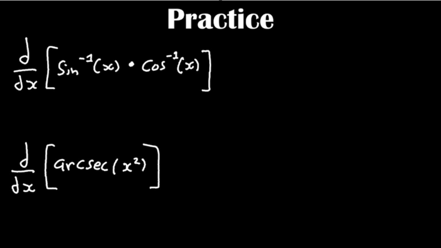So our first problem is the derivative of sine inverse of x multiplied by cosine inverse of x. So we need to use the product rule here. We can call this function on the left f, the function on the right g. The product rule tells us that this is going to be f prime multiplied by g plus f multiplied by g prime.